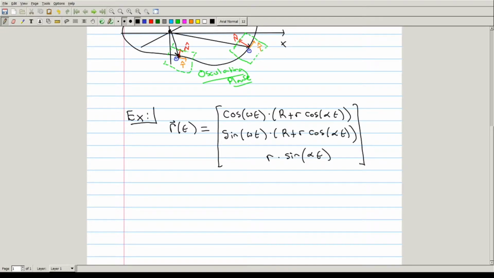And we will plot this out for t from 0 to 4 pi.